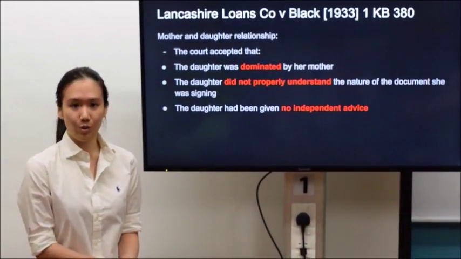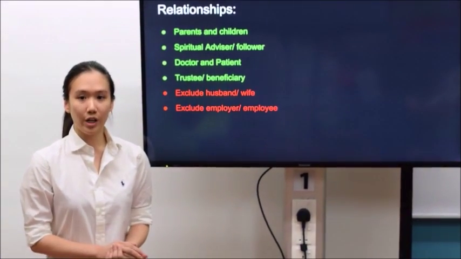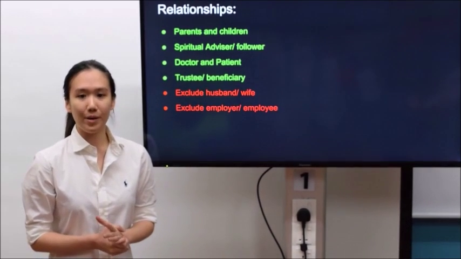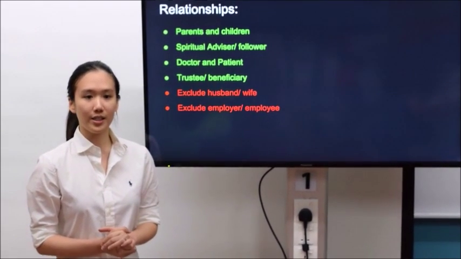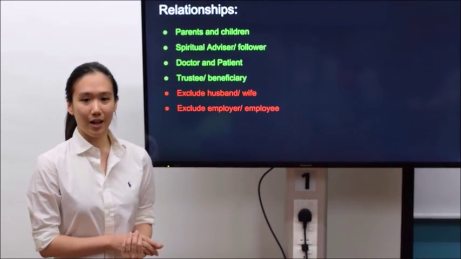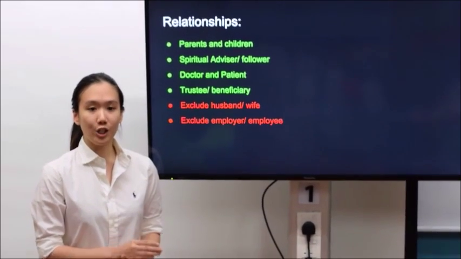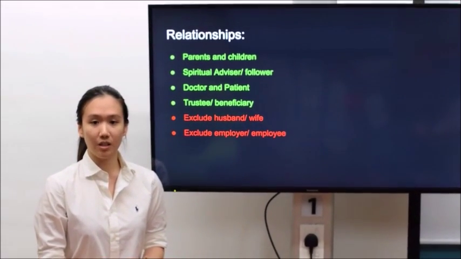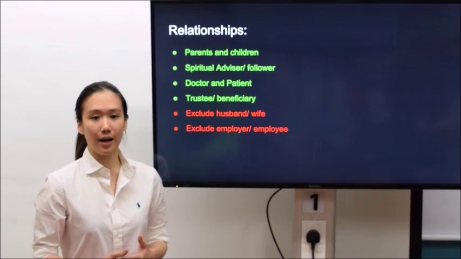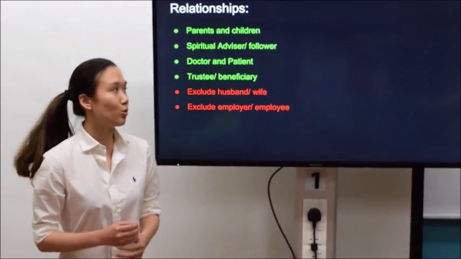Although there is no Class 2A presumption of undue influence as between husband and wife, it should be emphasized that in any particular case, a wife may be able to demonstrate that in fact she did leave decisions on financial matters to her husband, thereby bringing herself within Class 2B. That is, the relationship between husband and wife in the particular case was such that the wife reposed confidence and trust in her husband in relation to financial matters, and therefore undue influence is to be presumed.